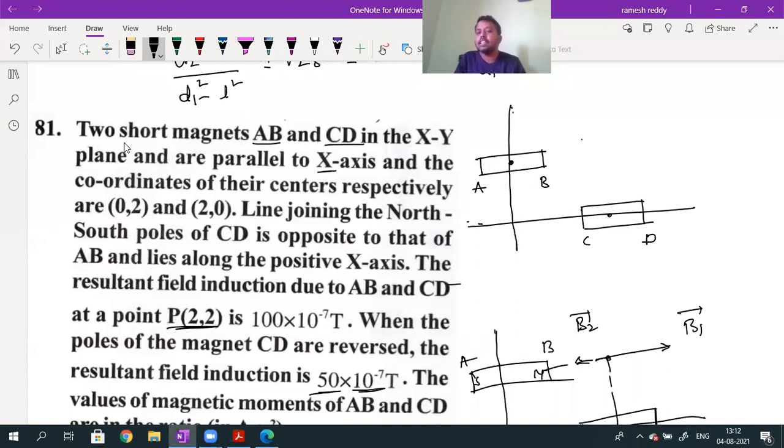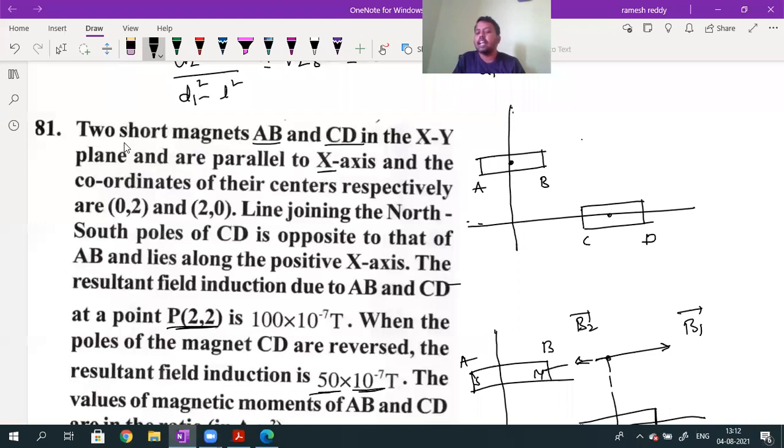What does it mean? The center of AB lies on the y-axis. Whenever a point lies on the y-axis, its x-coordinate value is 0. Now what about CD? The coordinates of CD are given by 2, 0. When the y-coordinate is 0, the point lies on the x-axis. So AB's center lies on the y-axis, CD lies on the x-axis, but both are parallel to the x-axis only.